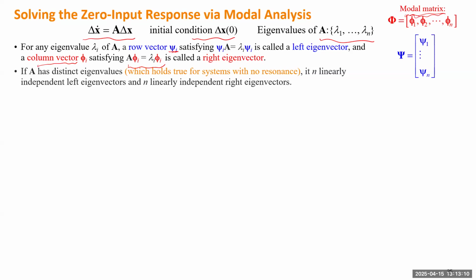For example, when you design the system, mode 1 plus mode 2 is equal to mode 3, which means that the system will resonate. So usually this can be avoided. So if that's true, the A matrix will have n linearly independent left eigenvectors and n linearly independent right eigenvectors. This makes sure the phi matrix and the psi matrix here are non-singular.